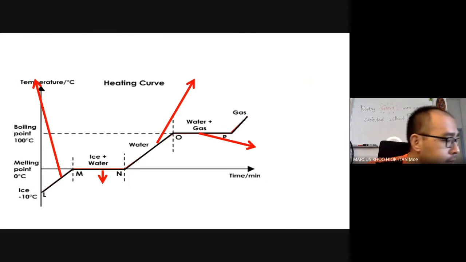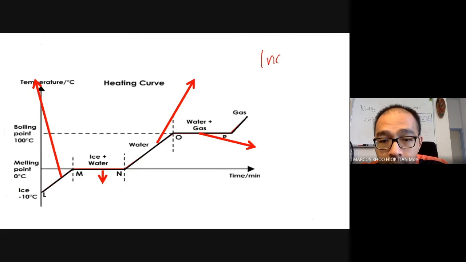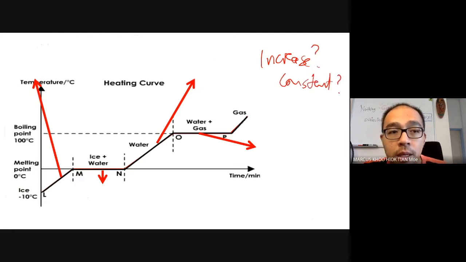Second aspect is the temperature. You have to tell me the temperature. There are only two choices: is it increasing, or constant? Tell me in which situation the temperature is increasing and in which it is constant.